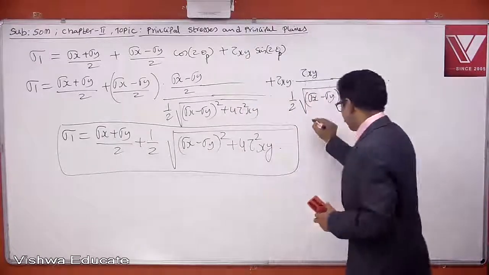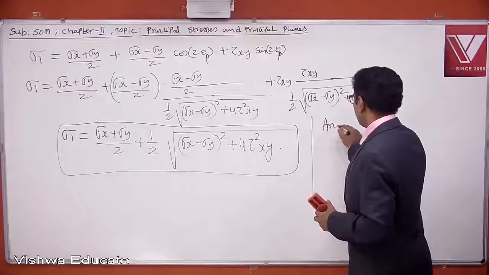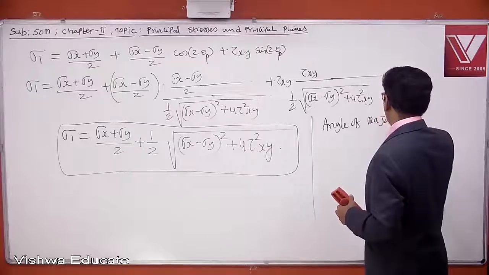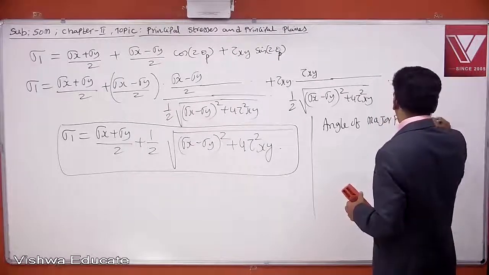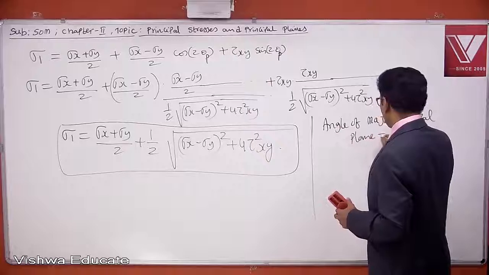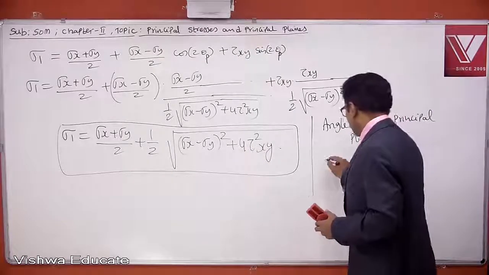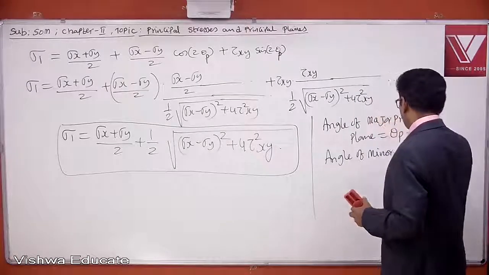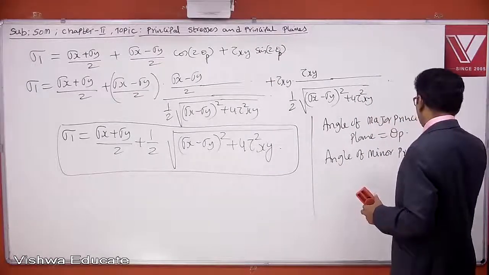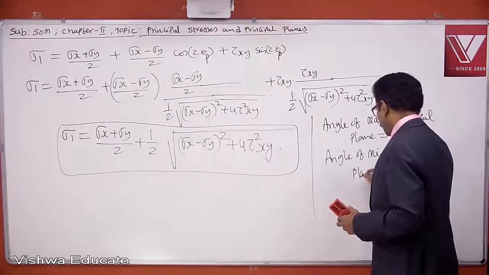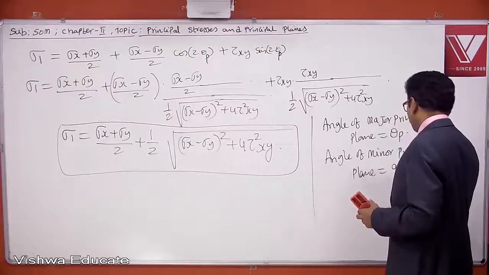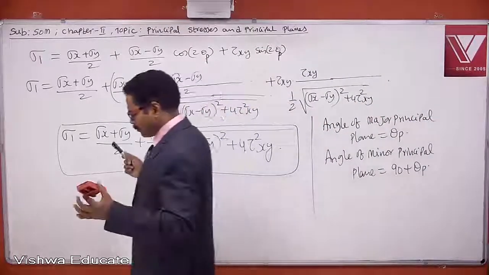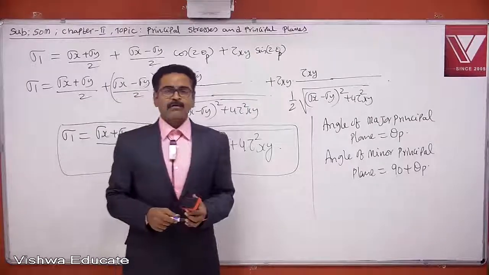So for our reference I am writing here: angle of major principal plane is equal to θp, then angle of minor principal plane will be 90 plus θp, because the angle between two principal planes is 90. Principal planes are orthogonal, we know this.